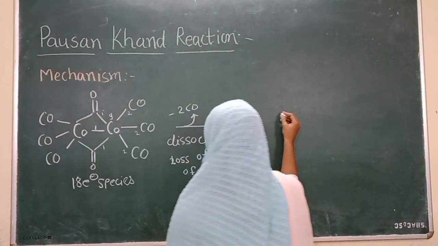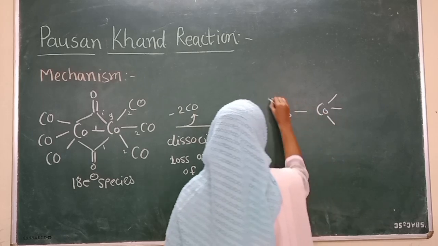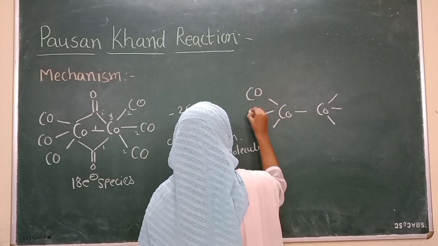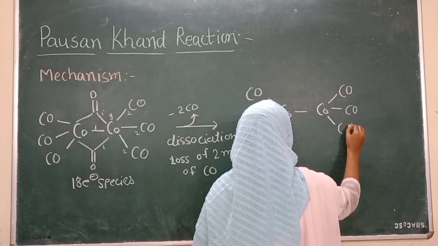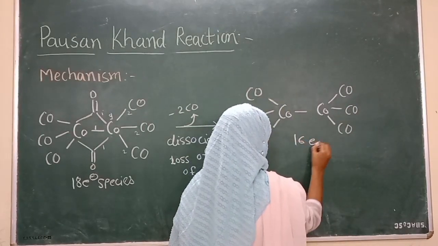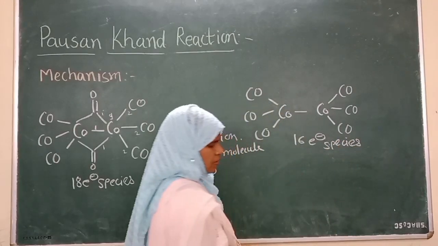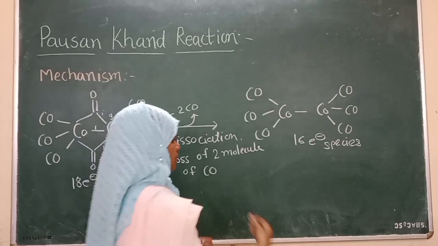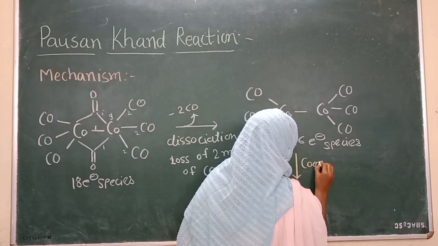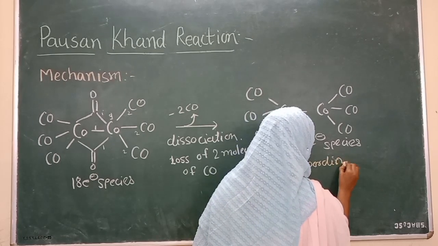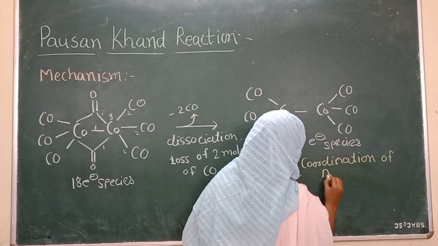Now we get a 16 electron species. Then comes coordination of alkyne.